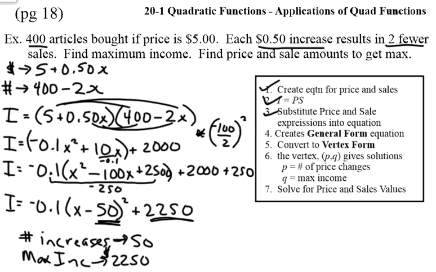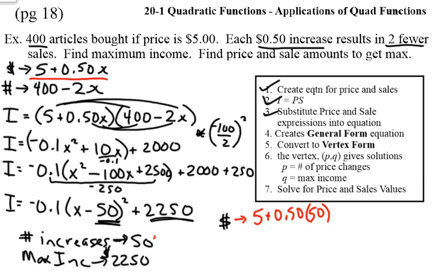So they had to figure out over time, okay, do 50 cents more, 50 cents more. They did it a whole bunch of times, 50 times, to realize what they want for a maximum price, or the best price sale combination. So what in the end? Again, the best price is going to be $5 plus 50 cents 50 times they did the increase to realize that.